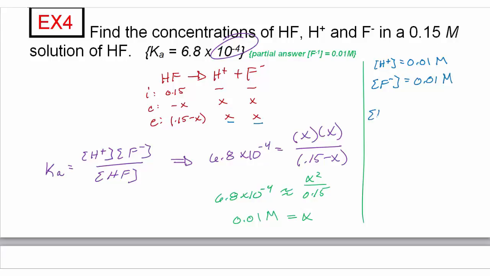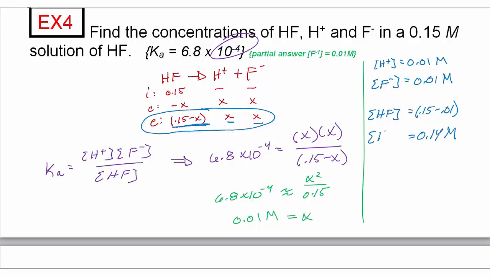Concentration of HF, again, from our equilibrium row, this is where all of our answers are. It's 0.15 minus x, which is 0.14. There's all of our answers.